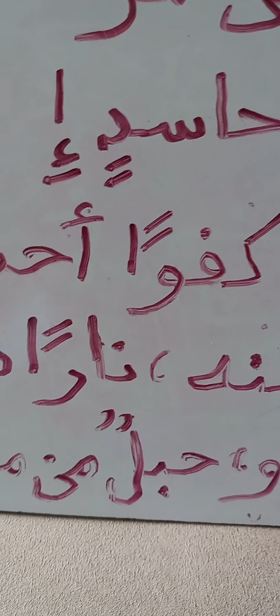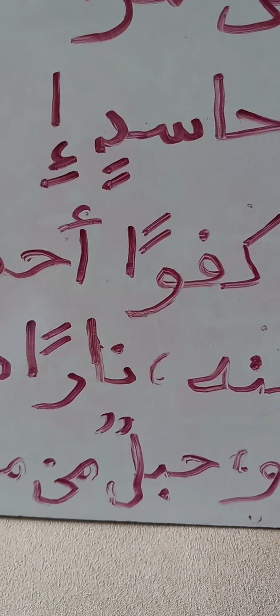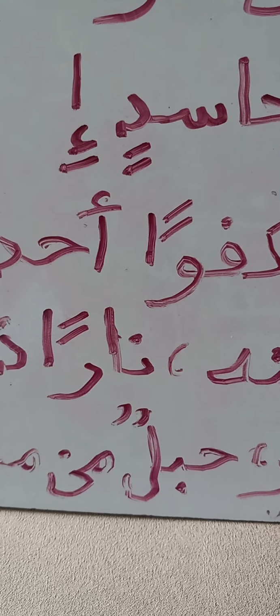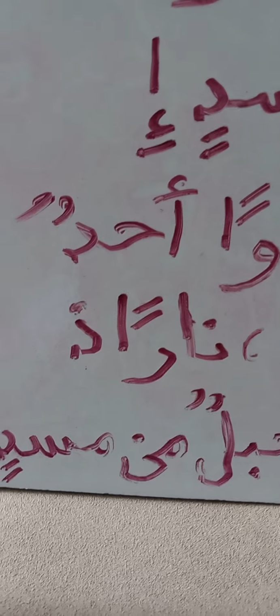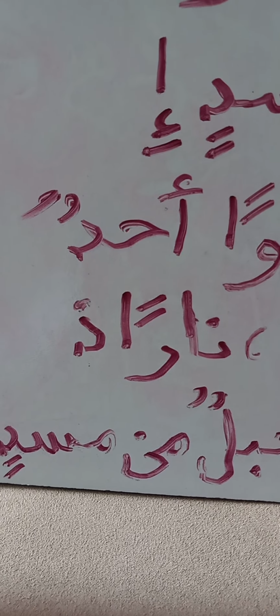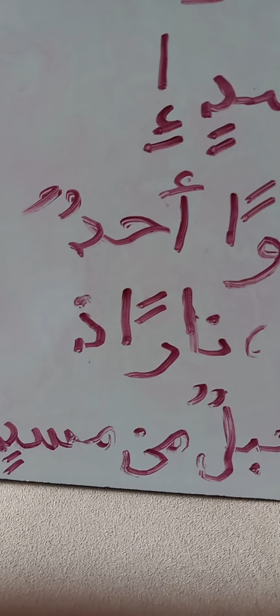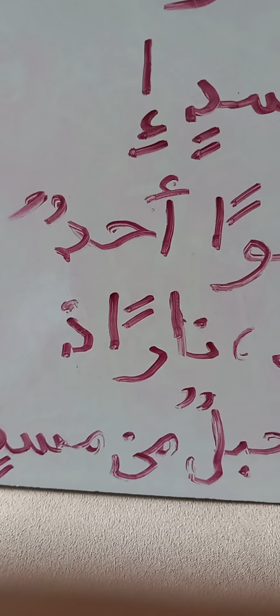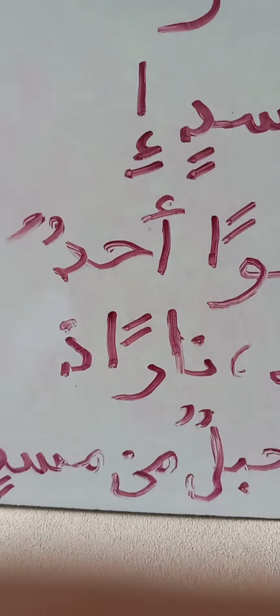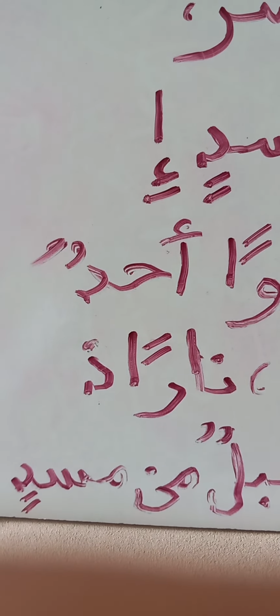So you have an idgham because the meme came after the tanween, and the meme belongs to idgham, and then you have mimma. Mimma. So this is going to be idgham. The rule of the nun sakin is going to be idgham because the meme came after the nun sakin, and the meme belongs to idgham with ghunna.